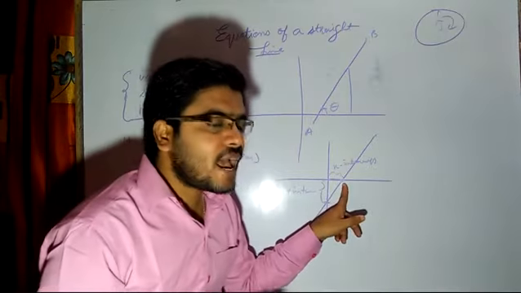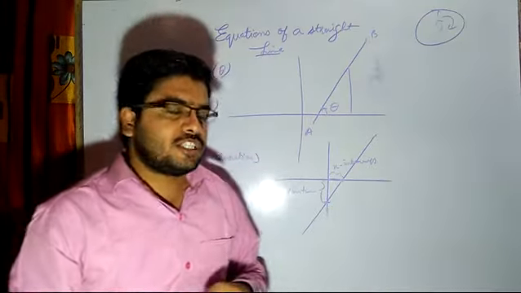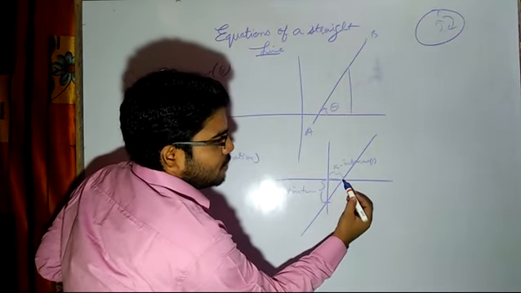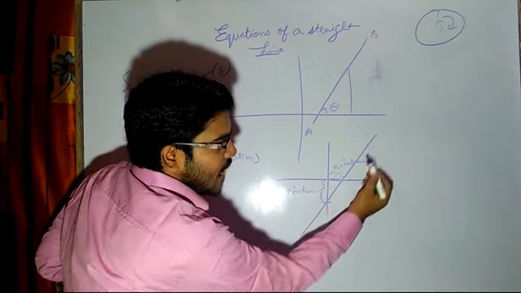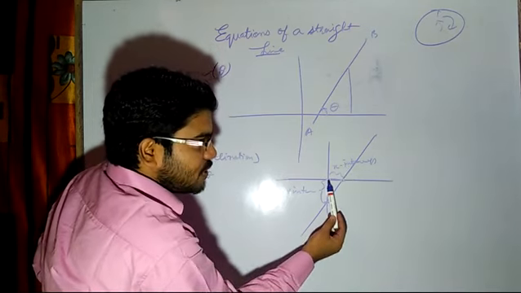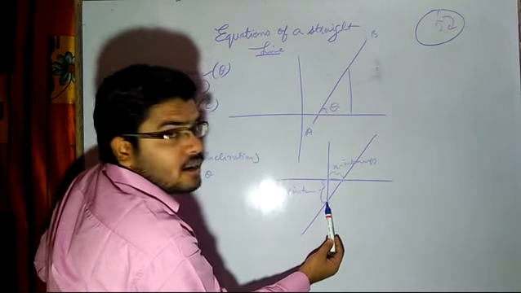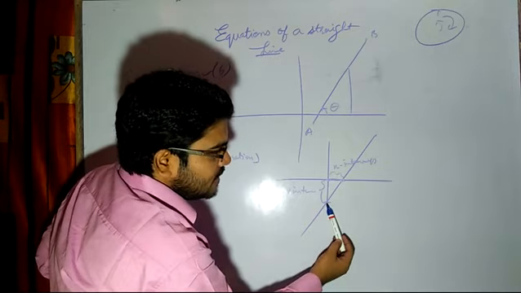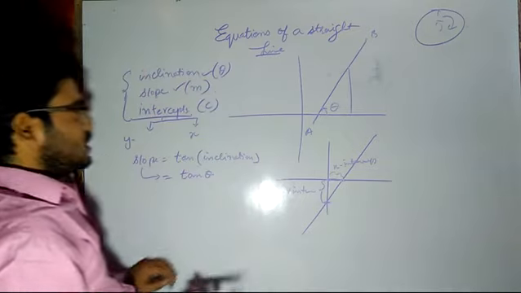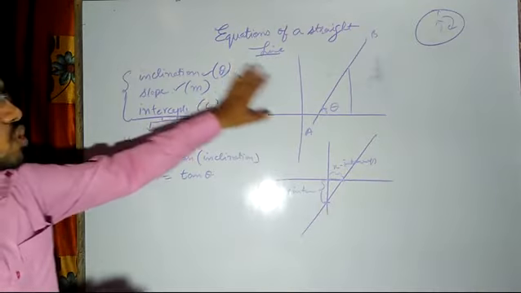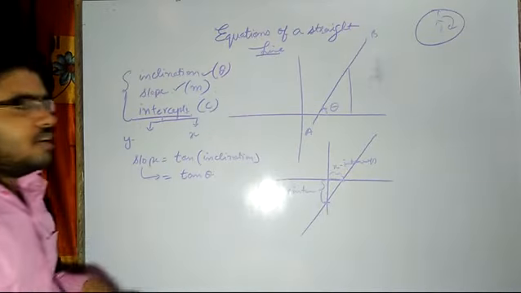If it is on the x-axis, it will be called x-intercept. So the distance between the origin and the point of intersection of the line and the x-axis is called x-intercept, and the distance between the origin and the point where the line intersects the y-axis is called y-intercept. I hope this is clear. These are all in positive directions.